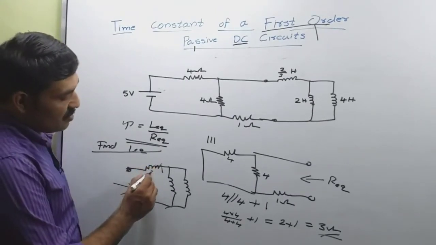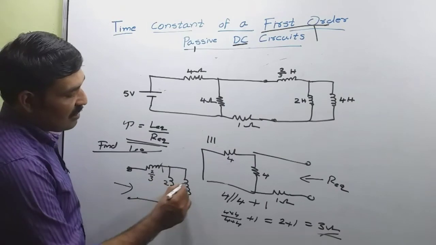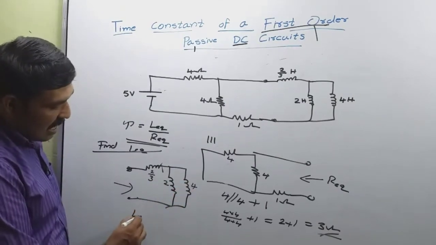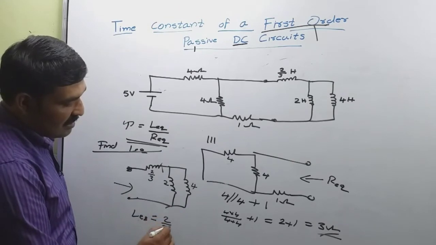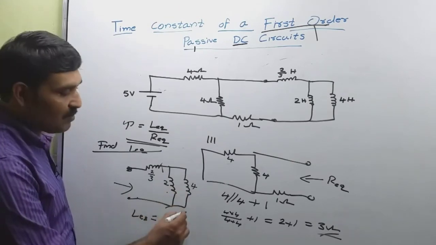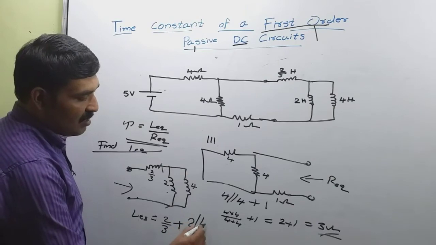This is 2/3, 2 Henry and 4 Henry. So L equivalent is equal to 2/3 plus, as this 2 and 4 are in parallel, 2 parallel 4.